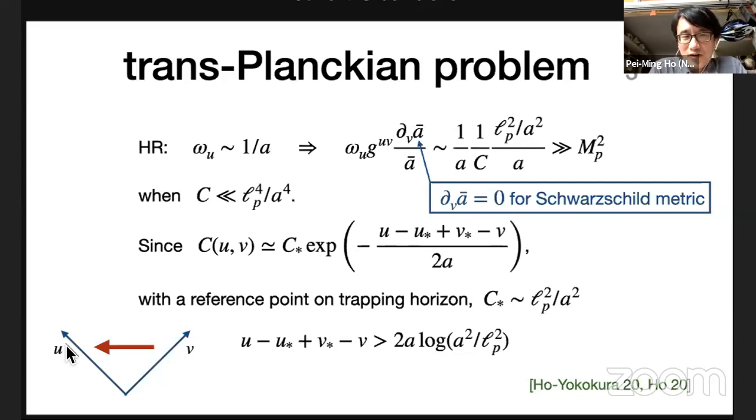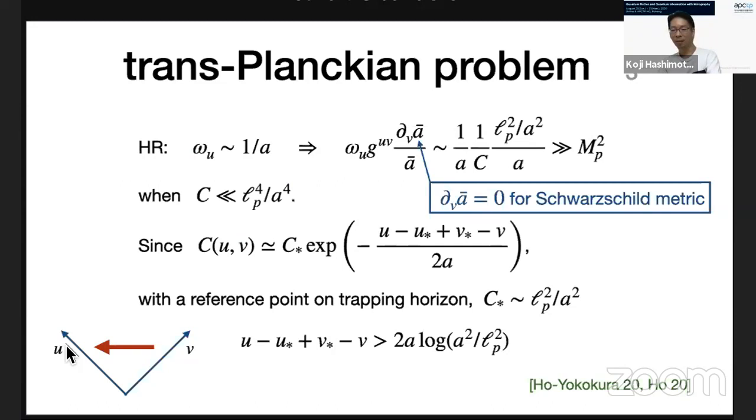But I will also talk about the viewpoint of another coordinate system, capital U and capital V. There, the value of G_UV is always 1. Okay, anyway, I'm very happy that people are considering such effects. Okay, thank you.